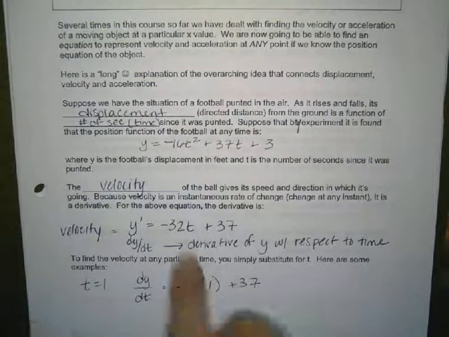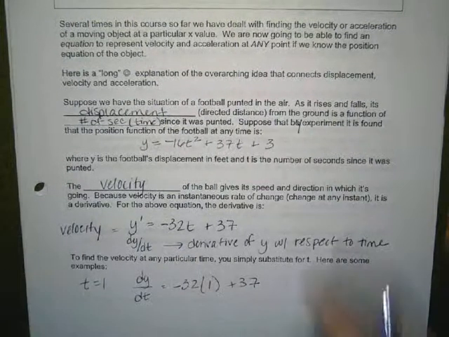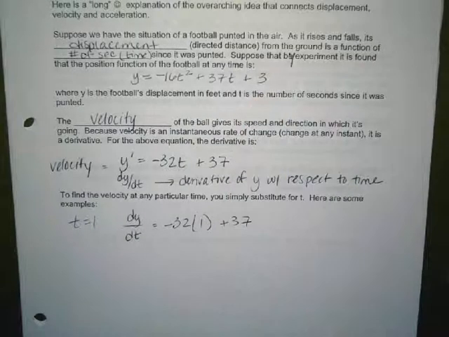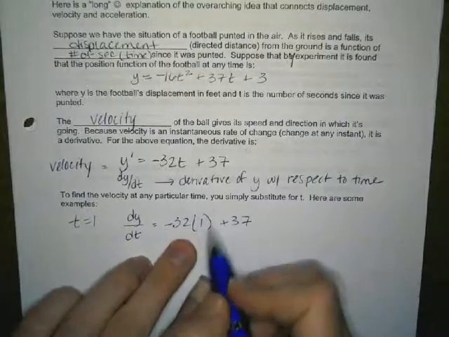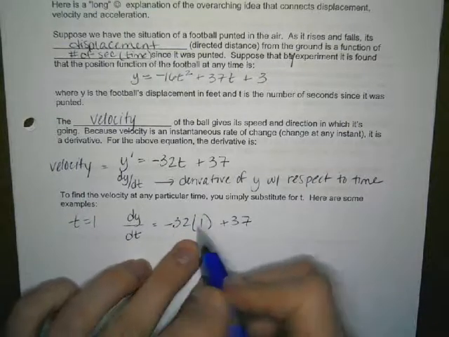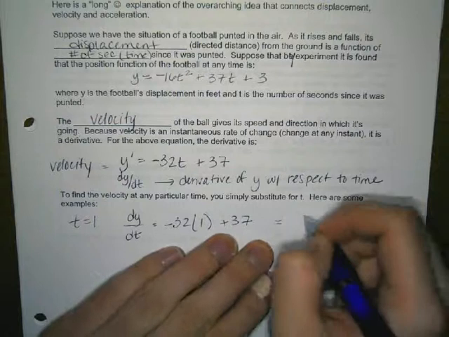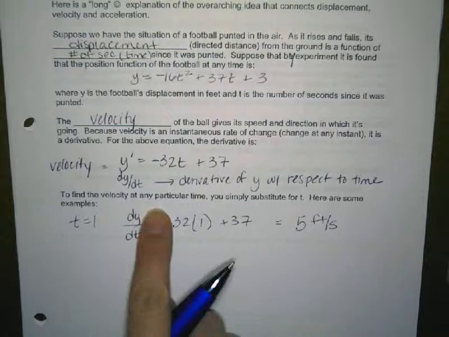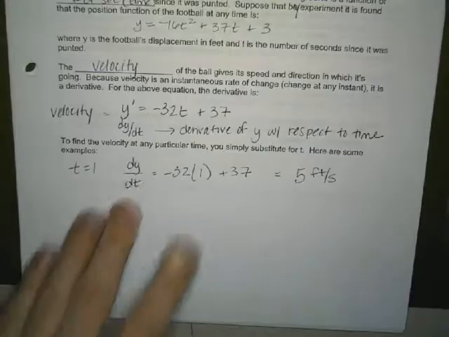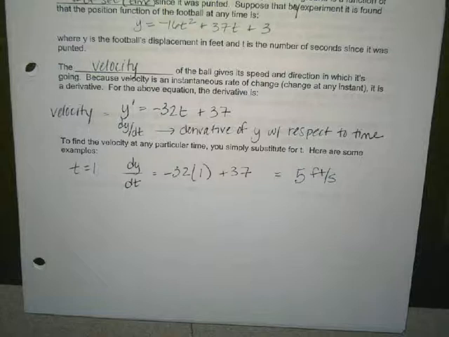This is the function that gives me the velocity at any time of this football whose movement is described by that quadratic. If we plug in 1 for t, negative 32 plus 37 gives me 5. My units here are feet per second. That's the other reason I like Leibniz notation: it reminds us that our units should be a fraction of some sort, so feet per second.